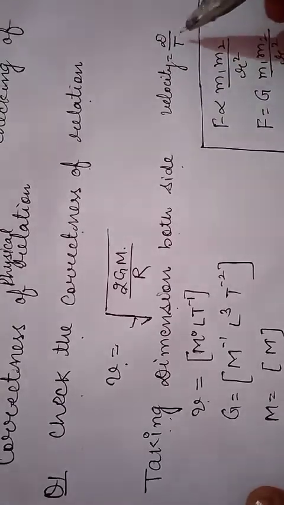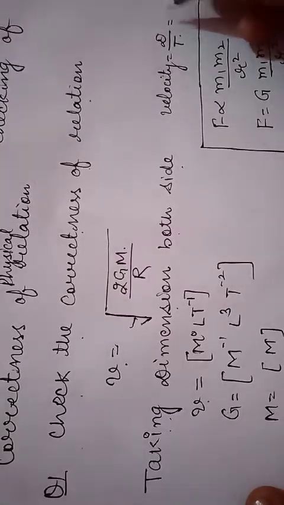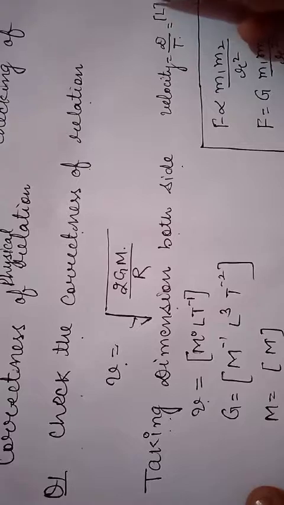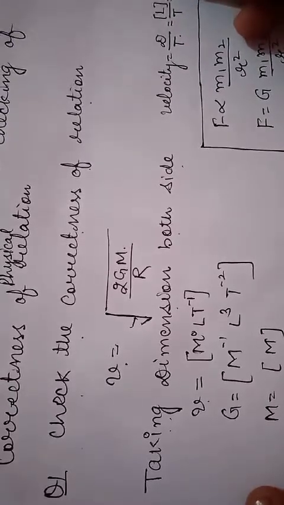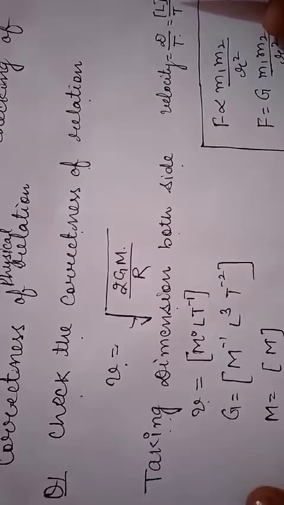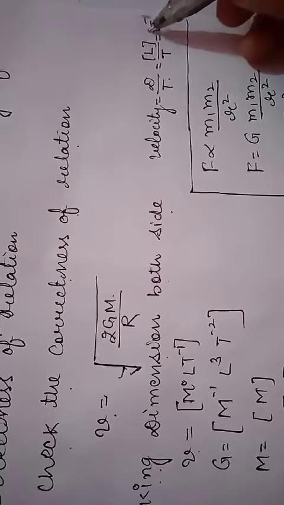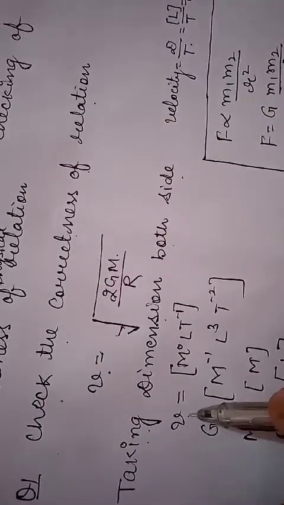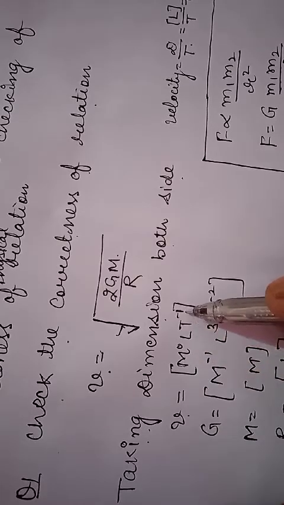The dimensions of distance are L and the dimensions of time are T, so the dimensions are LT minus 1. So we write v is equal to M naught L T minus 1, the dimensions of velocity.